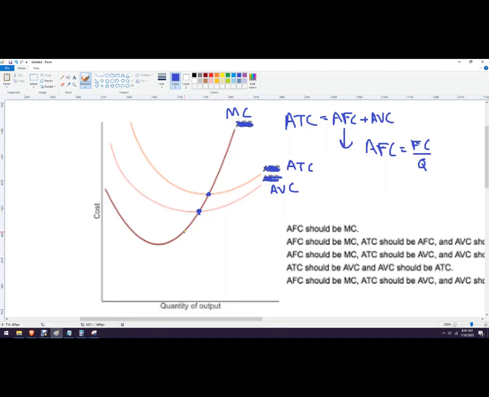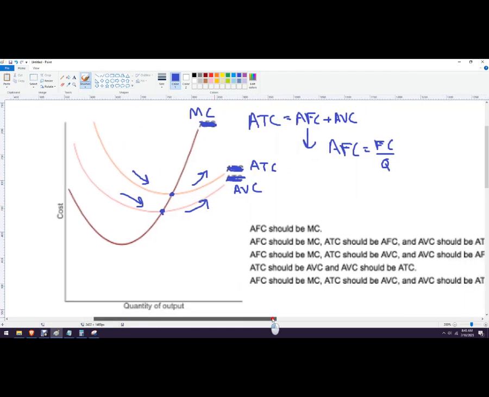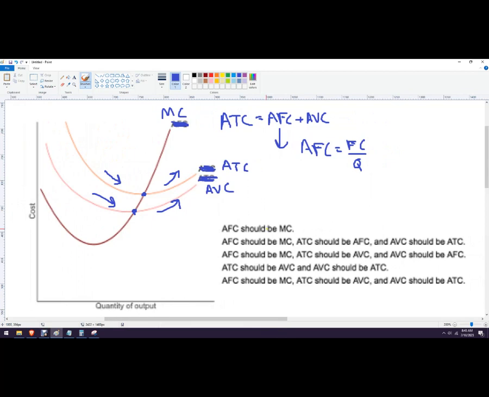If the marginal cost is below either the average variable or average total cost, those are falling. You can see that here: when marginal cost is below, both of these curves are decreasing. Then eventually they equal. When marginal cost is higher, it's starting to pull up average total cost and also average variable cost.